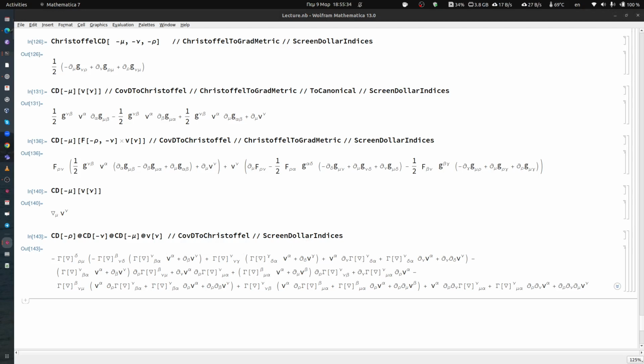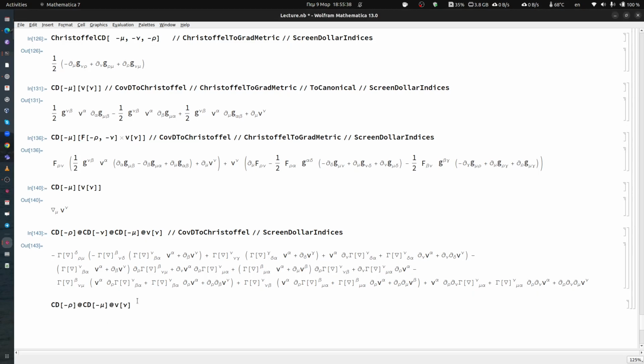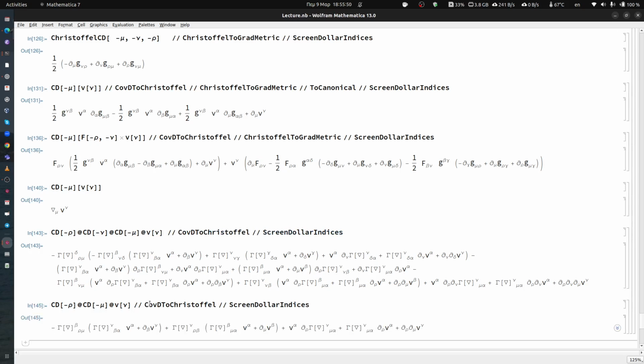So, well, let's be more humble and consider twice differentiating this vector field. Then we put in the Christoffel symbols. Oops.